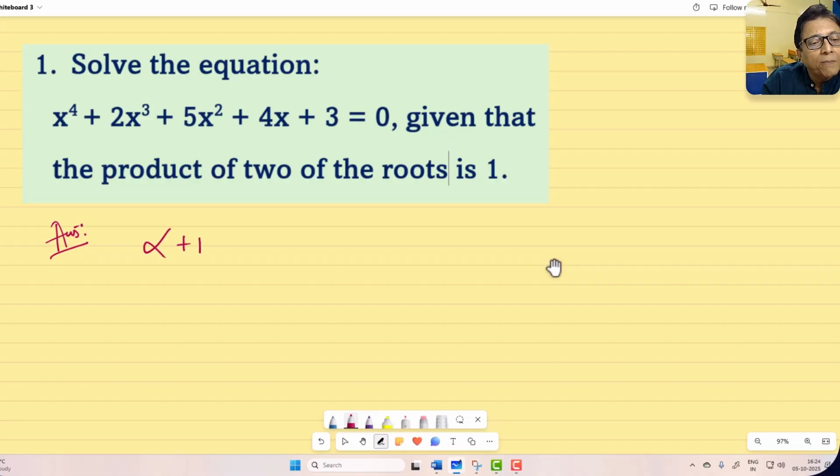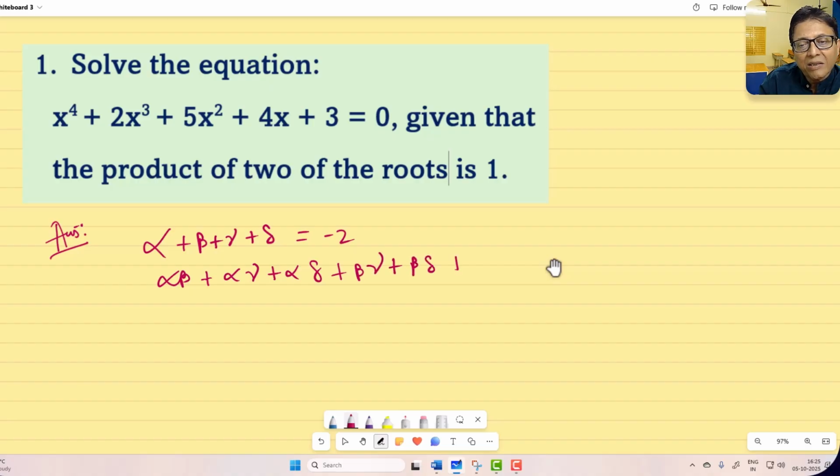Then alpha plus beta plus gamma plus delta is minus 2, you know. Alpha beta plus alpha gamma, alpha delta, beta gamma, beta delta, gamma delta equal to 5.